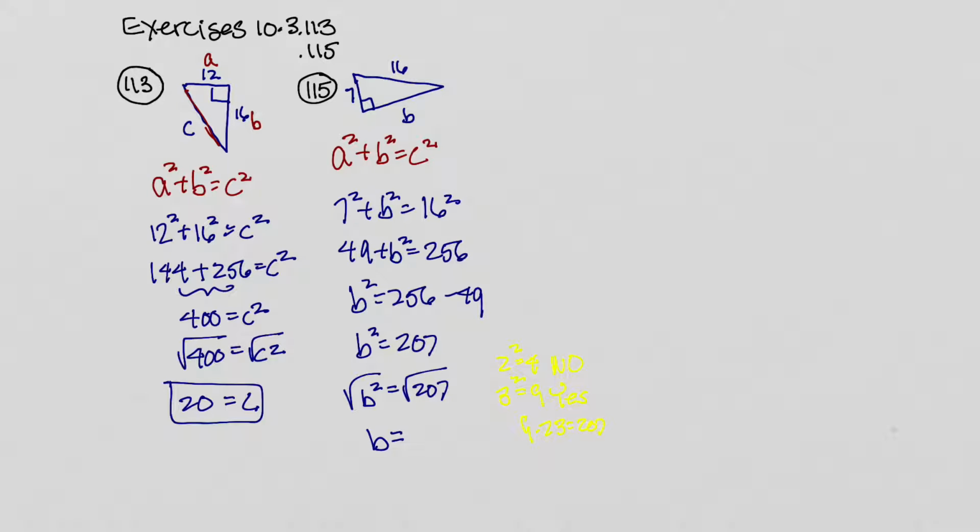So we can break this 207 into 9 times 23. So b turns out to be the square root of 9 is 3, and the square root of 23 we'll leave, so there's our value for b.